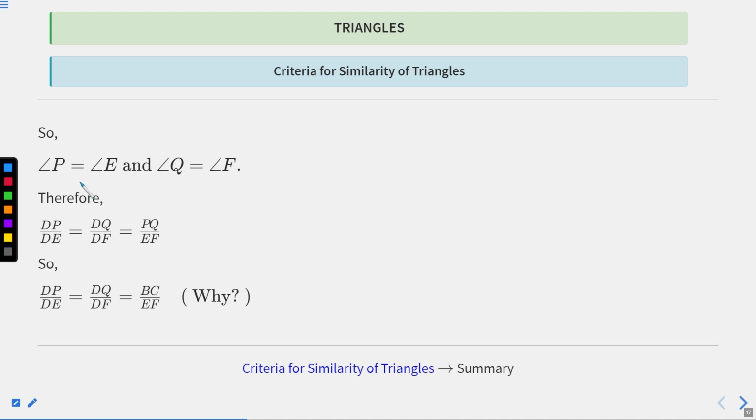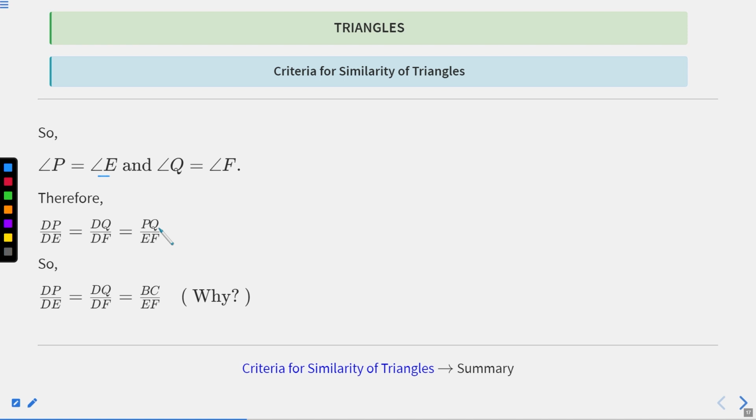And so angle P is equal to angle E, and angle Q is equal to angle F. Therefore DP over DE is equal to DQ over DF, which is equal to PQ over EF. Here we basically use the previous theorem.